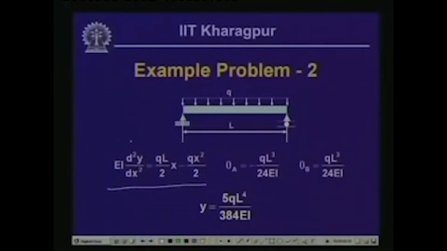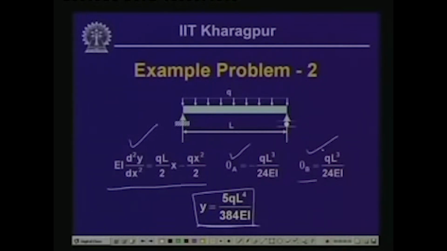Consequently, we evaluated the values of the deflection. This is the expression for the differential equation. Then subsequently we came up with the value of y at x equals L by 2, and correspondingly the values of theta A and theta B.